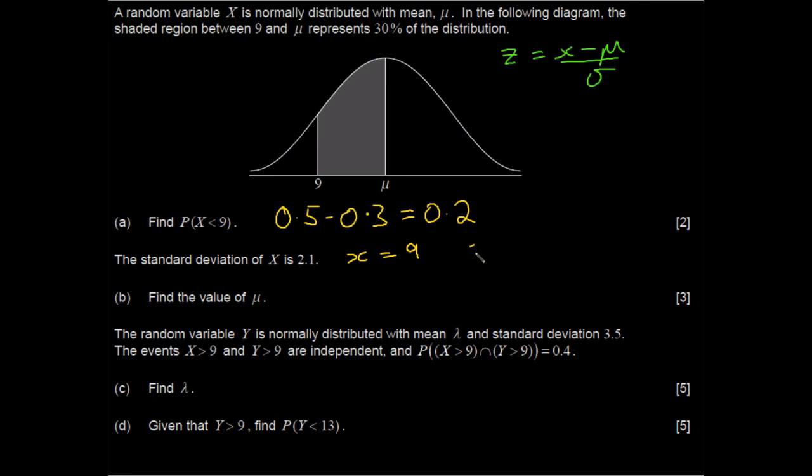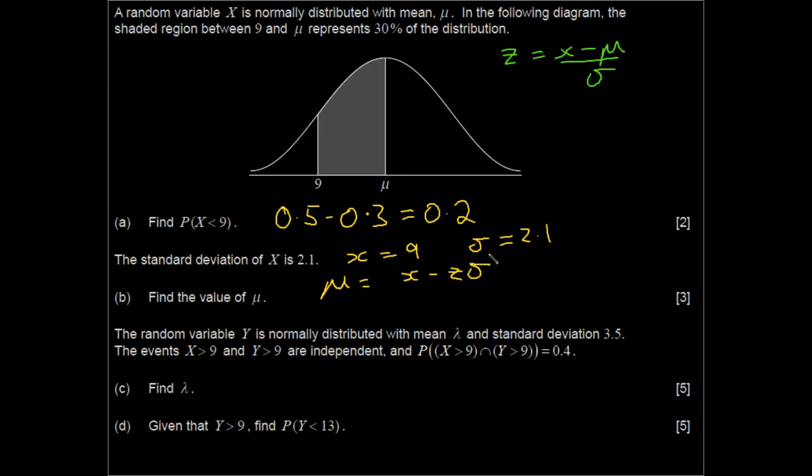Sigma we know is the standard deviation, 2.1, and then that will help us to work out what mu is. I can also rearrange the equation, so mu is going to equal x minus z sigma.